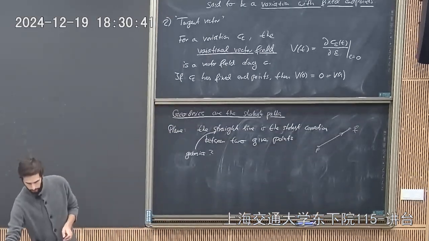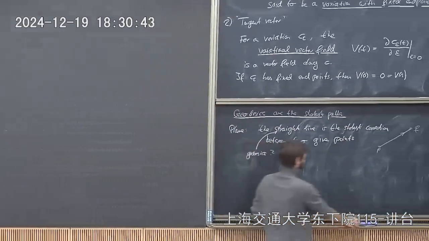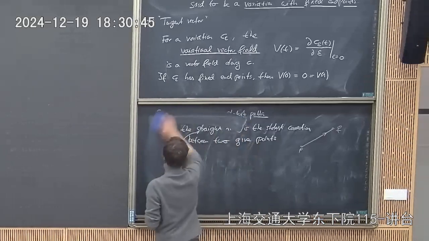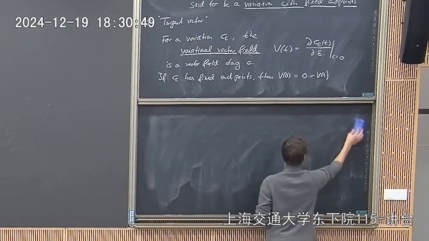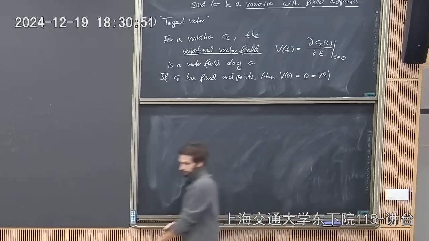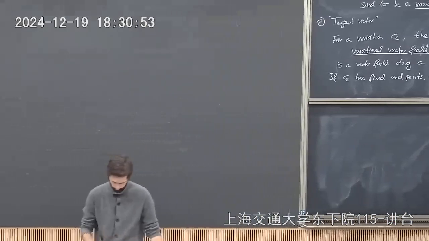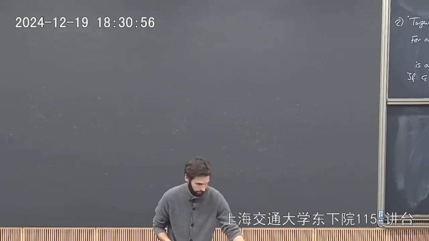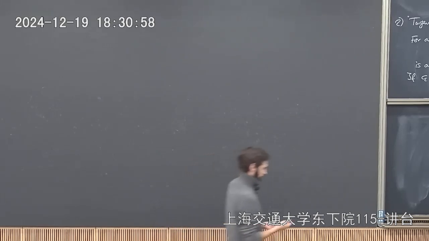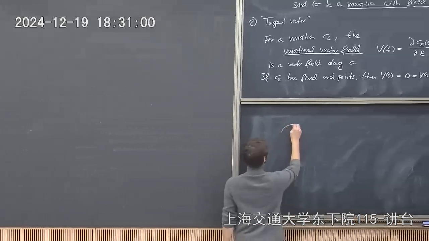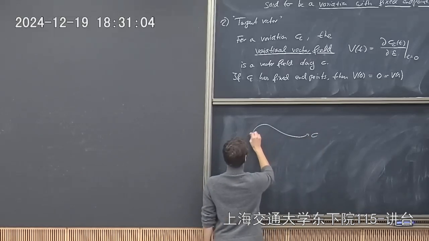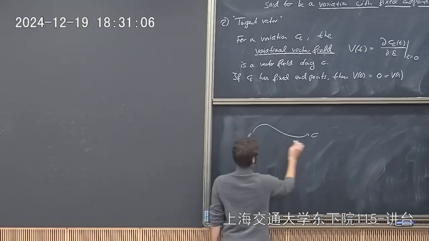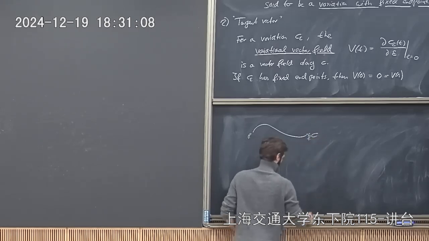So the way you can picture that is the following. We have our original curve C. Let's say we do something with fixed endpoints.